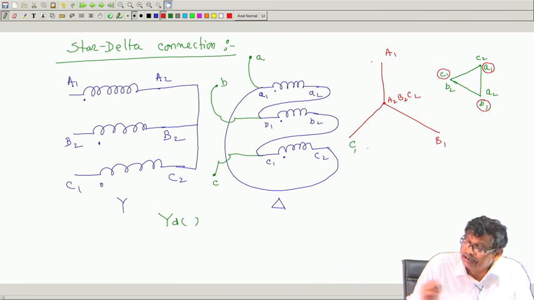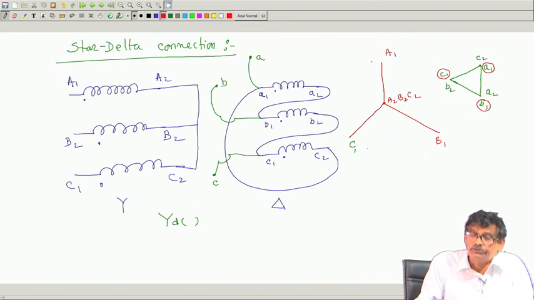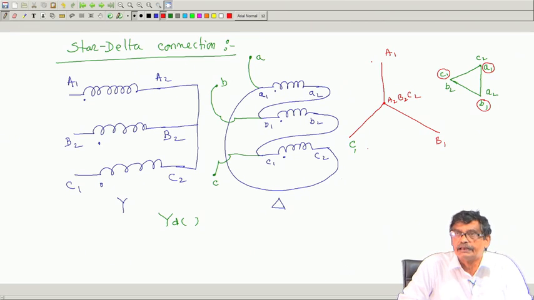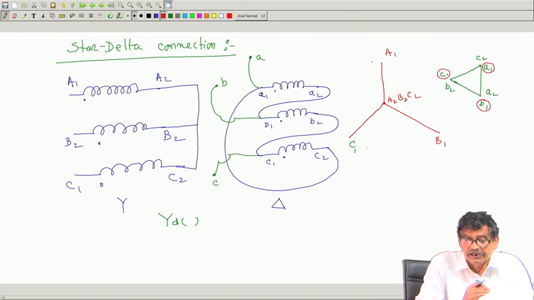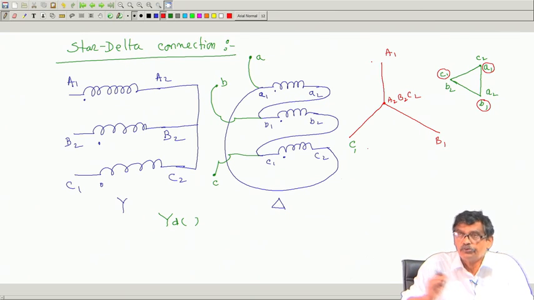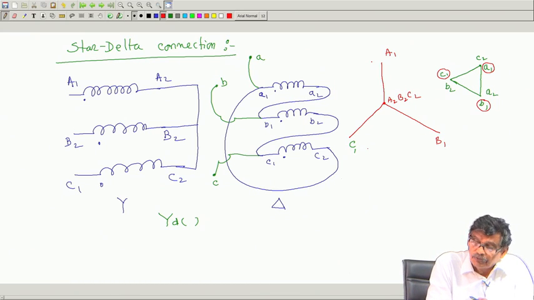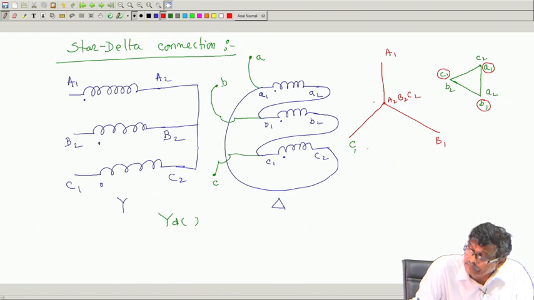Now, why is this A1 taken? See, on the secondary side, I have no neutral available. In a star connection, natural neutral is available. What I told you, to find out the phase difference of the input side and the output side voltage, it is better you consider the A phase voltage with respect to the primary neutral, that is this one.